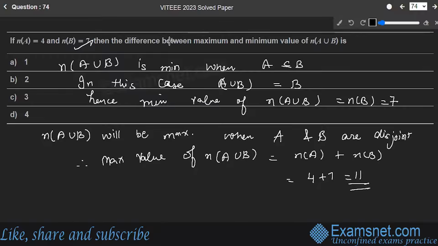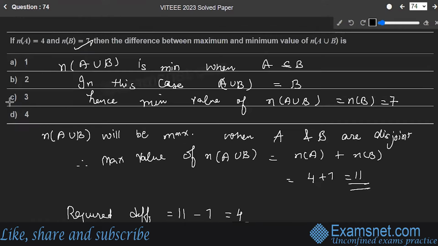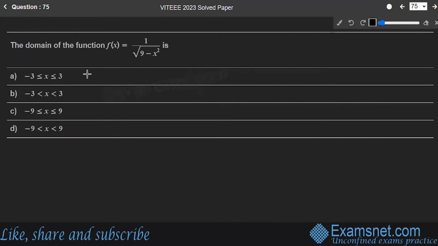And you have to find the difference between the two. Required difference is 4. Okay, so that's it. 4 is the correct answer, option D. Hope you got that.